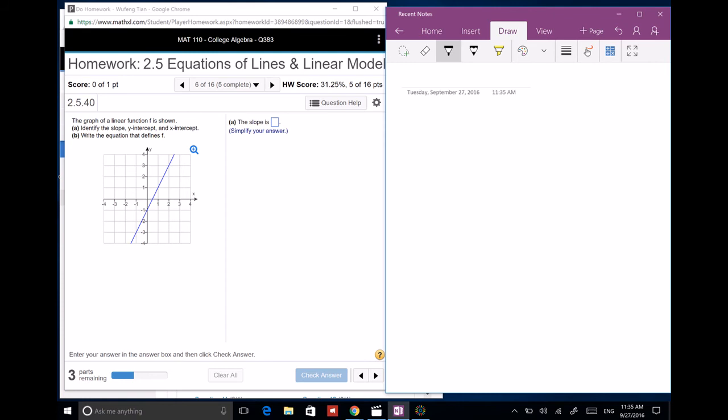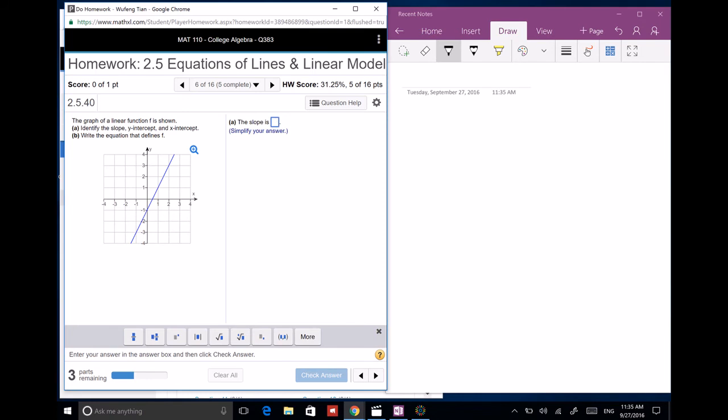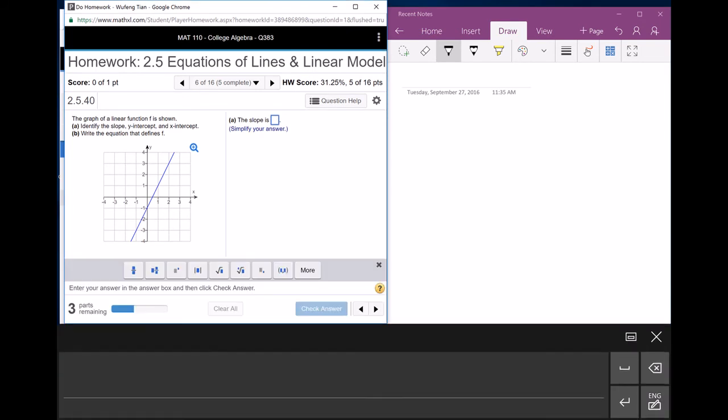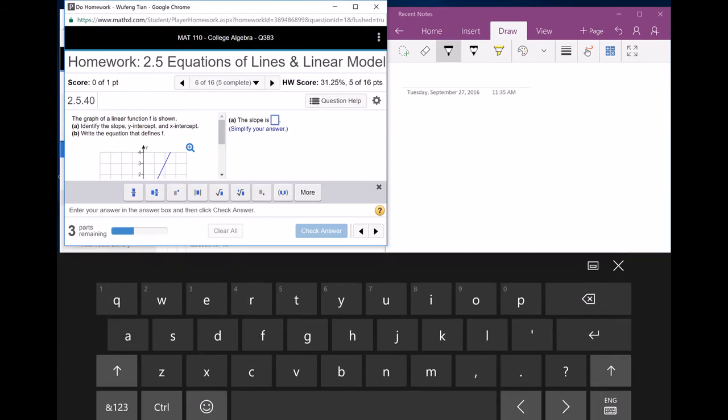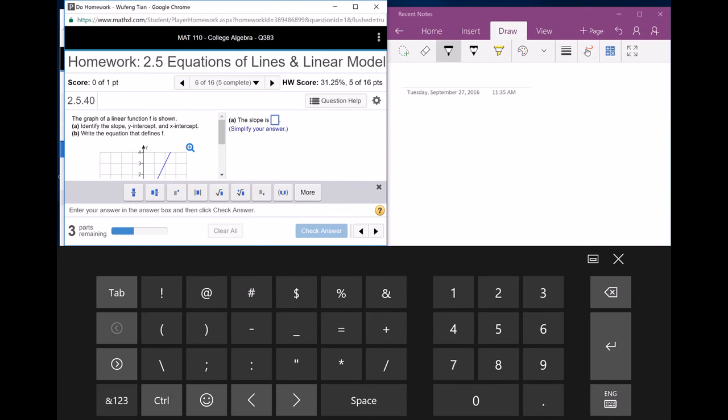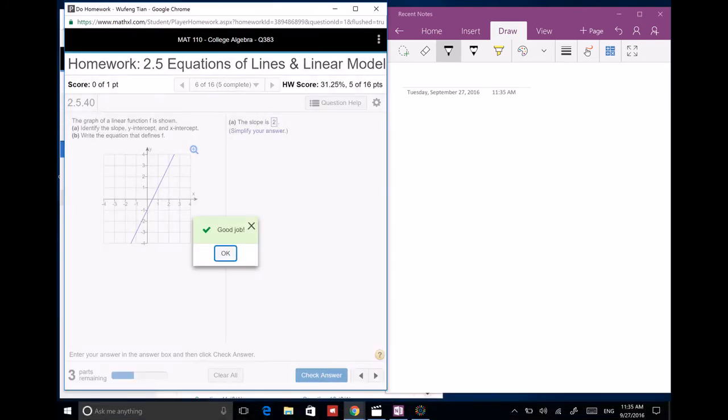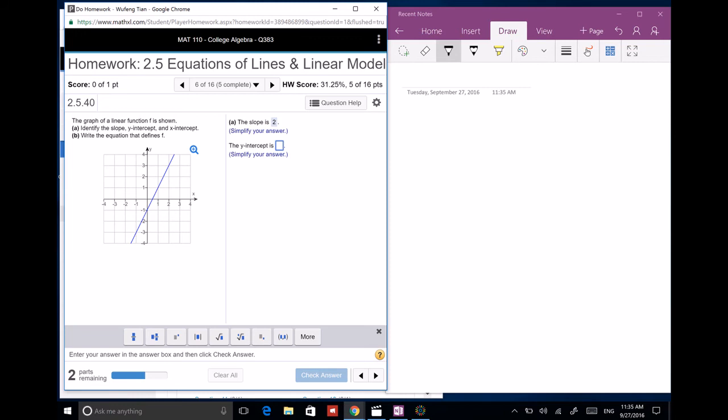The graph of the function is shown like this. The slope is rise over run, +2. Because you see rise over run, rise 2, run 1. So rise over run is 2/1. The y-intercept is -1, and the y-intercept is -1 here.